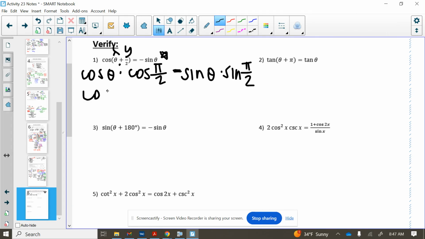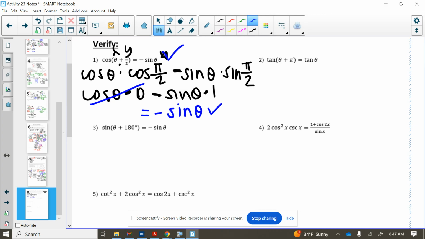Well, from the unit circle, we know that the cosine at pi over 2, aka 90 degrees, is 0. And we know that the sine at pi over 2 is 1. So cosine times 0 just becomes 0. And then this will be negative sine times 1, which is just negative sine. So we get that goal answer from our beginning.